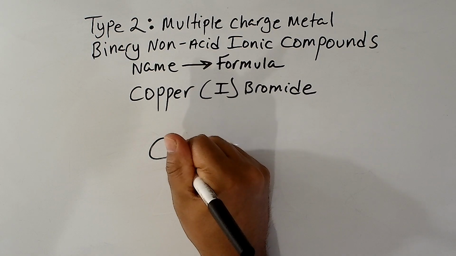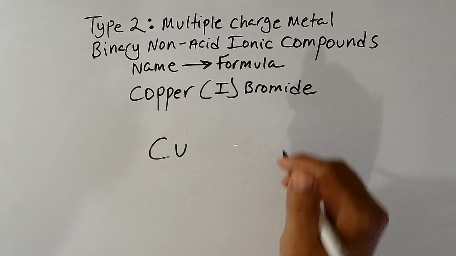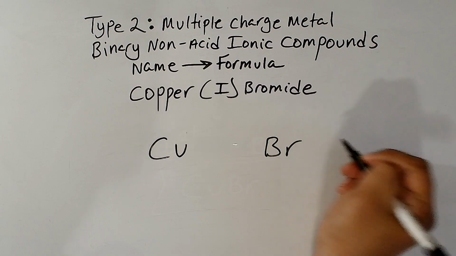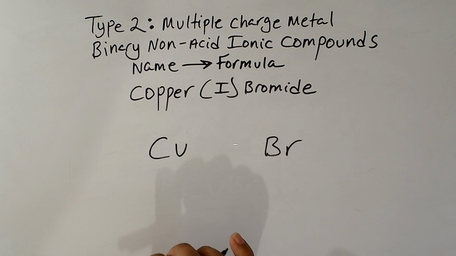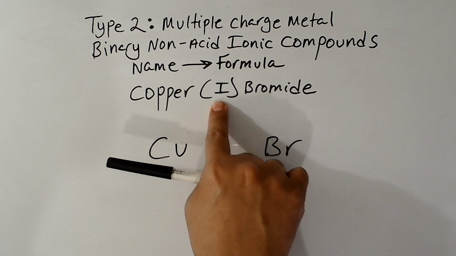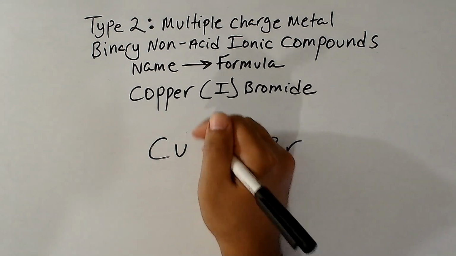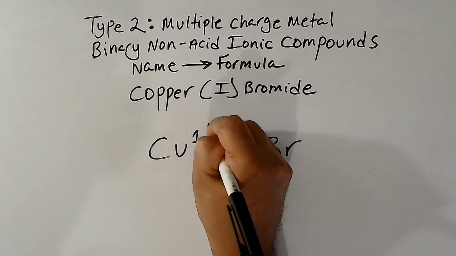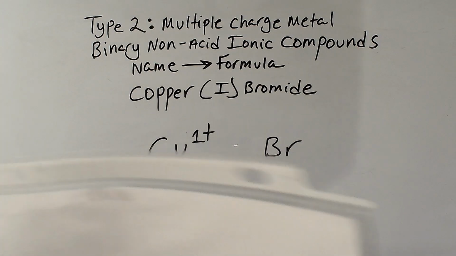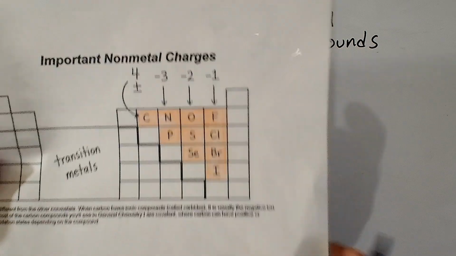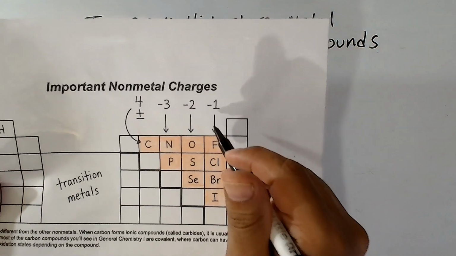The symbol for copper is Cu, the symbol for bromide is Br. And remember that the charge for the metal is the Roman numeral inside the parentheses, meaning this one right here. So I'm going to write a 1 plus. And for bromide, remember it derives from bromine, and it's going to be a 1 minus.